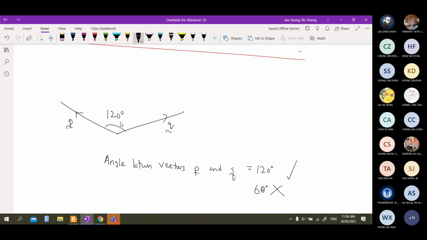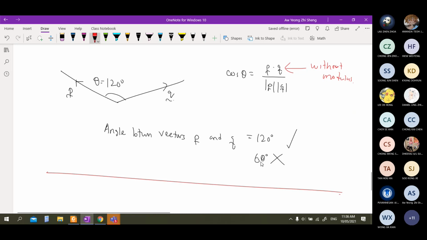Which means when you compute this angle theta, you would write cos theta as P dot Q divided by modulus P modulus Q, without modulus at the numerator. If they ask for the angle between vectors P and Q, you cannot put modulus there.